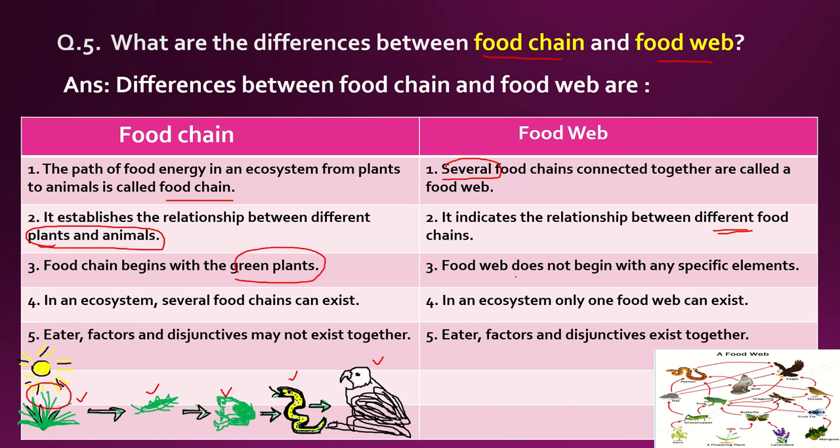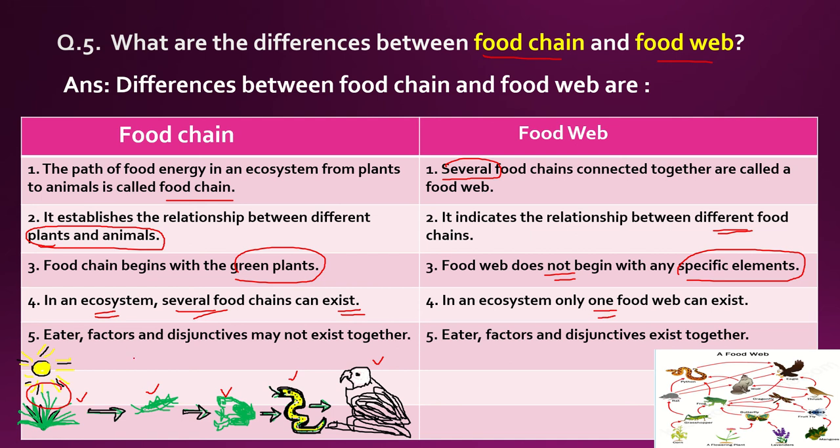And a food web does not begin with any specific element. In an ecosystem, several food chains can exist, that means many food chains can be present in an ecosystem. Only one food web can exist, only one food web.